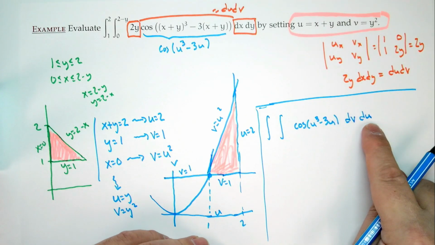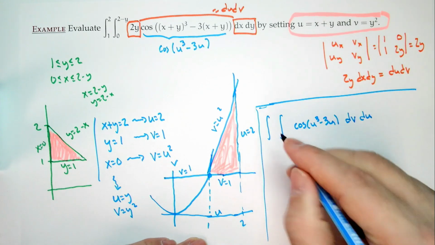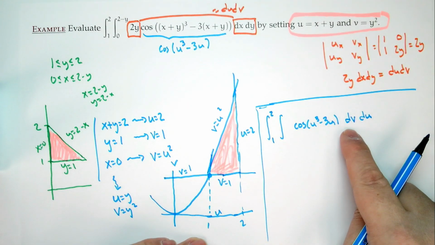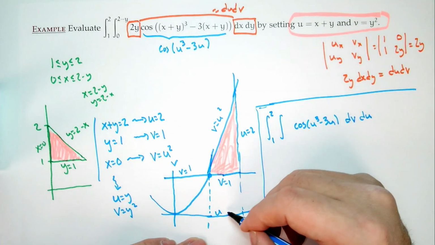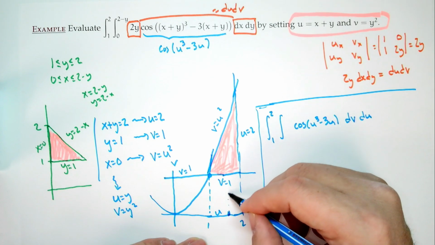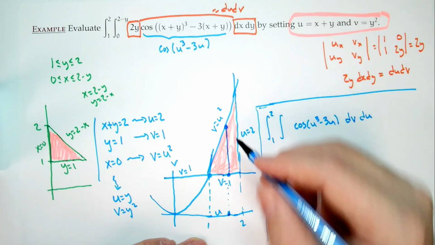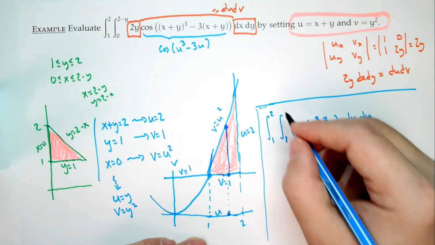Where does u go from? Well, we start at 1 and we go to 2. Where does v go from? Well, if we have a value for u, we start at the curve v equals 1, and we go to v equals u squared. So it's from 1 to u squared.